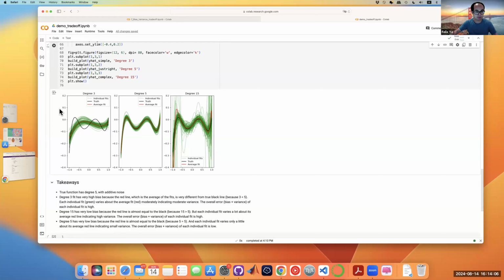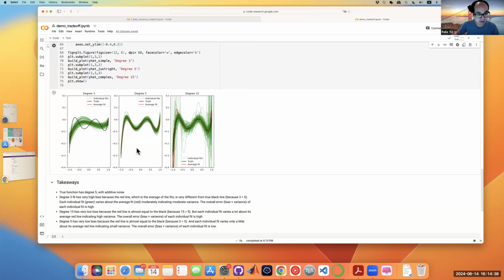It's very different from the ground truth, and each fit, which is the green line, varies around the average fit of the red line with relatively small variance. But the overall error is very high right here, just because my bias is very high. My variance is not very high because you can see it only fluctuates very moderately.